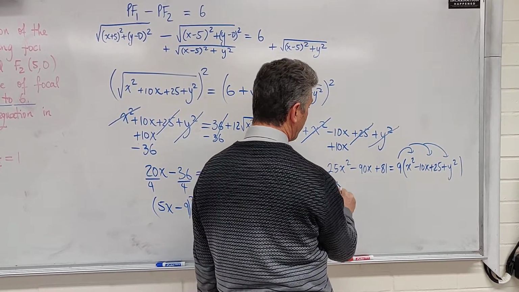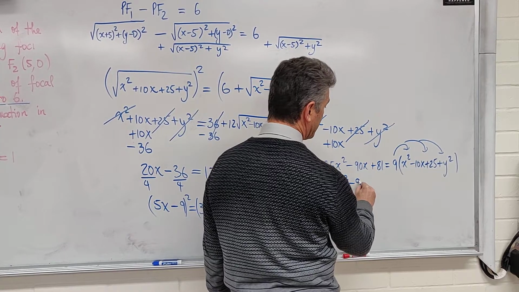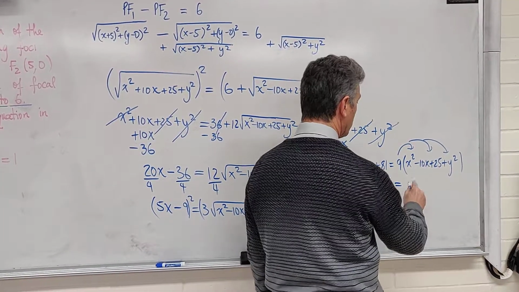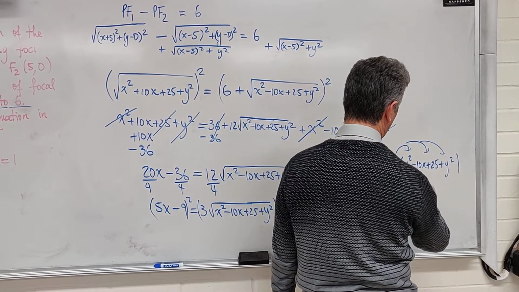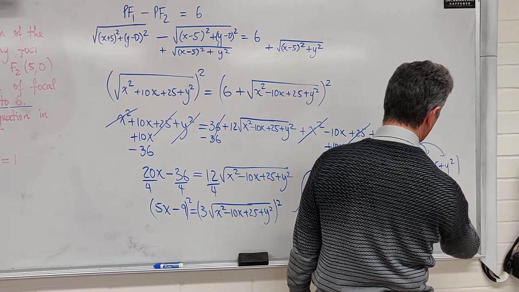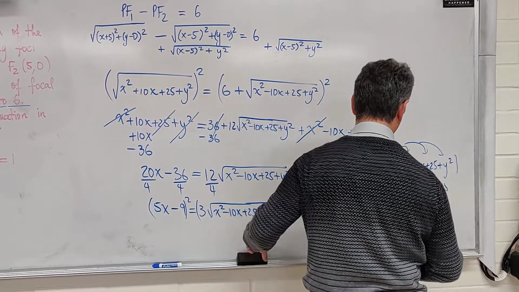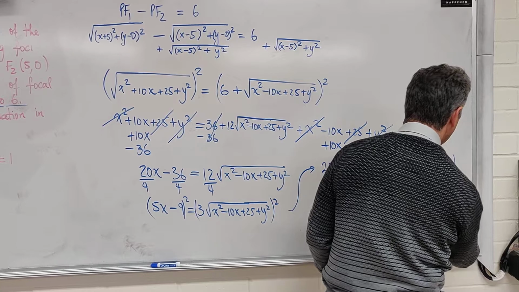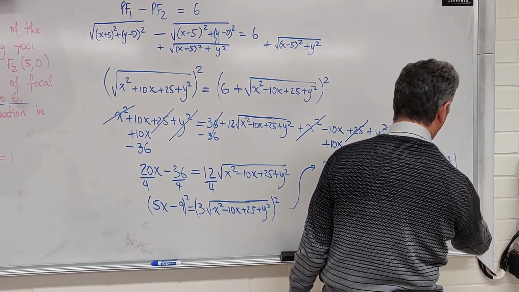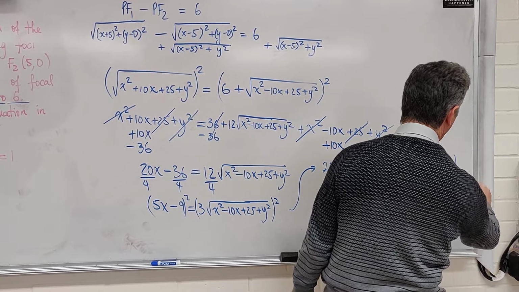So we have 25x squared minus 90x plus 81 is equal to 9x squared minus 90x plus 225 plus 9y squared.